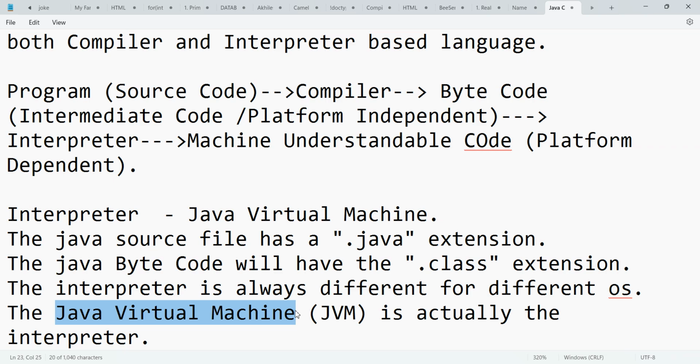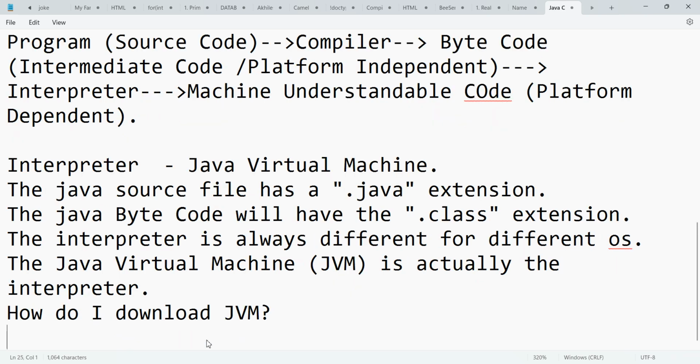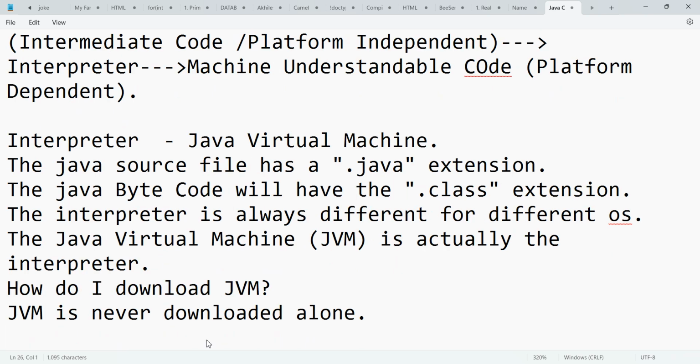Now you will ask me, how do I get this Java virtual machine? One question might be in your mind, how do I download JVM? The answer is JVM is never downloaded alone. It is a part of JDK.